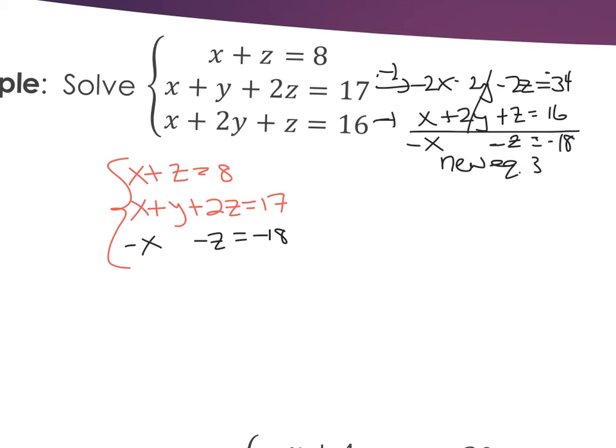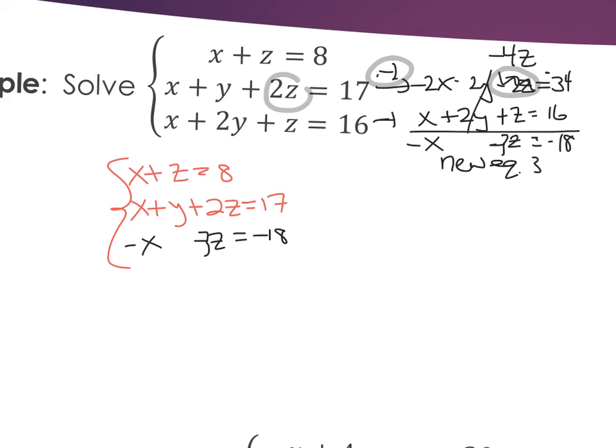Oh, I have another mistake. Have you found it? Guys, when I multiply negative 2 with 2, it should be negative 4z. Which means this is negative 3z.